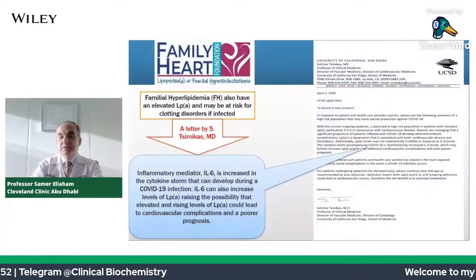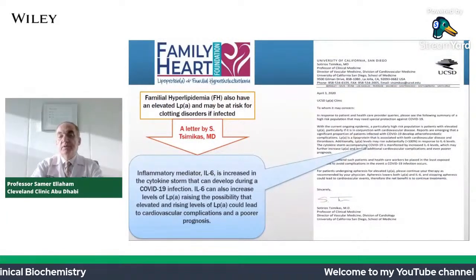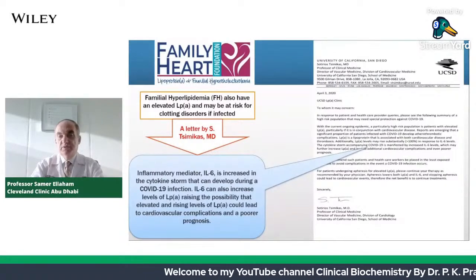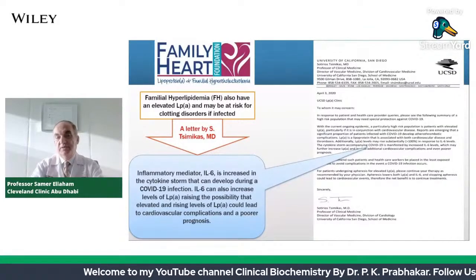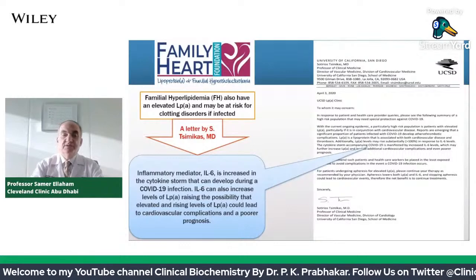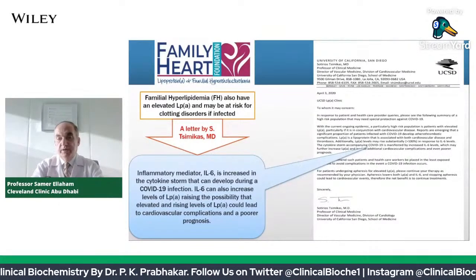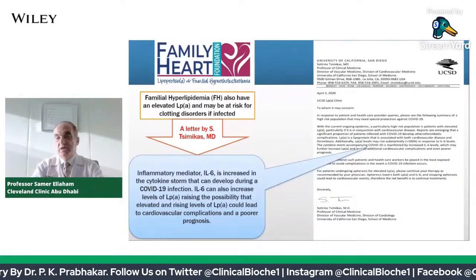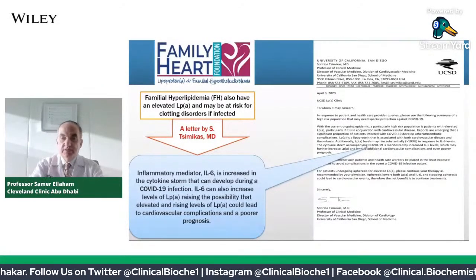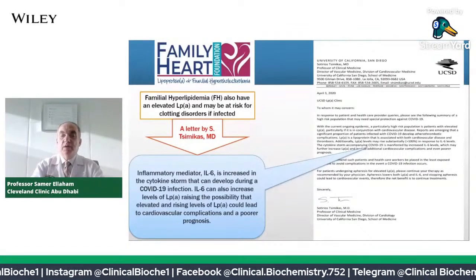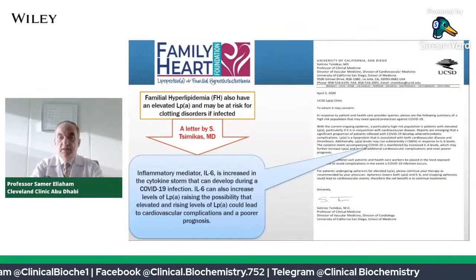Now, this is an interesting concept here from a gentleman whose name is always associated with elevated Lp(a), Dr. Tsimikas. He's had some of the best publications you can imagine, with papers in JACC in 2017 and 2018, with great illustration. But what I mentioned to you, I bring up again.